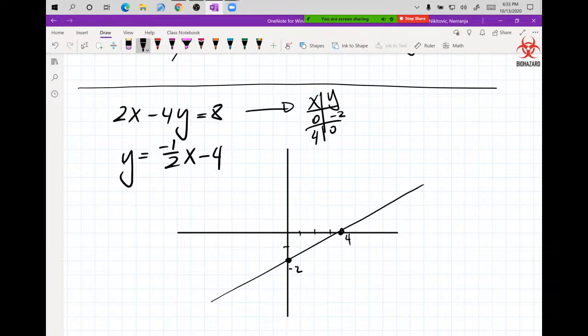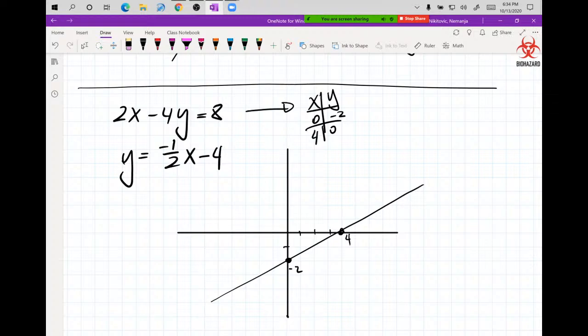And the second line, we start at -4, and we go 1 unit down, 2 units over. We just count. Oh wait, my -4, I missed.